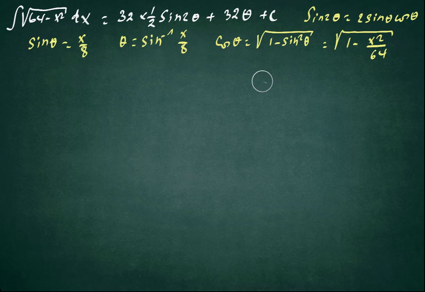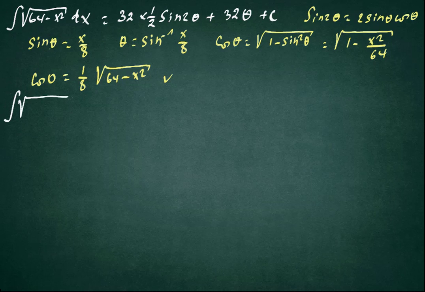If we pull out the 64, we get cosine theta is equal to 1/8 of square root of 64 minus x squared. Okay, so if we go there, now we are going to plug in these values.